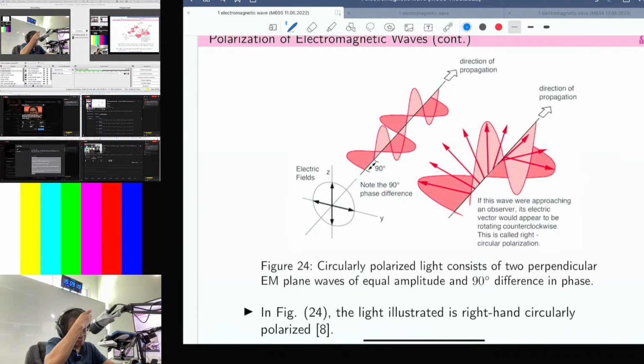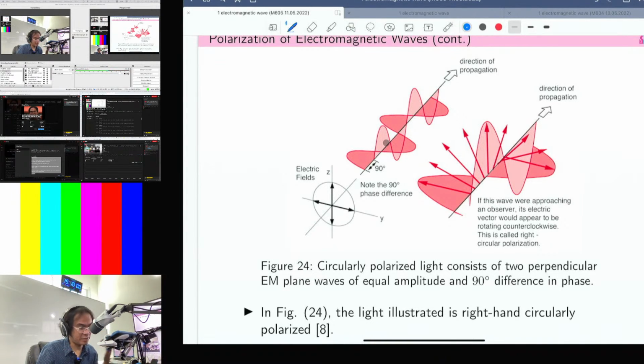All right, let's talk about the second type. Here you have the original electric field. The first one, same as before, lies on the horizontal plane. Once you go further in time by 90 degrees, we have another electric field, but this electric field is in the vertical plane.